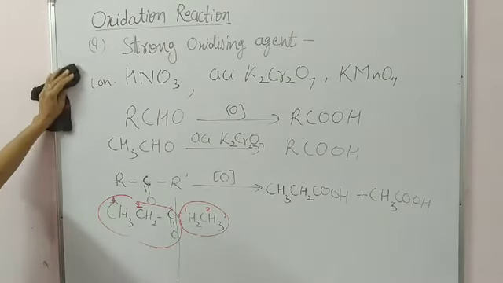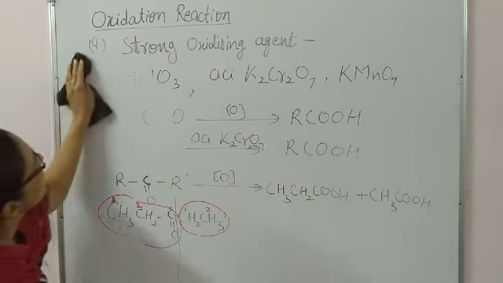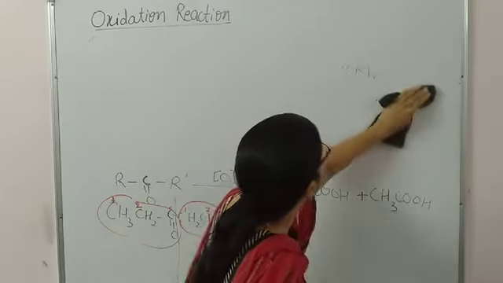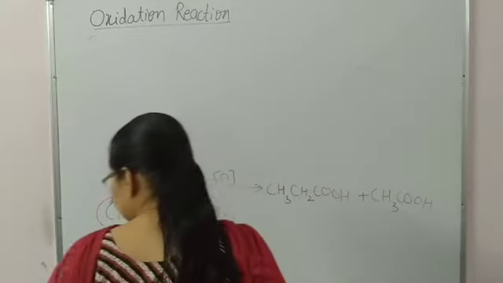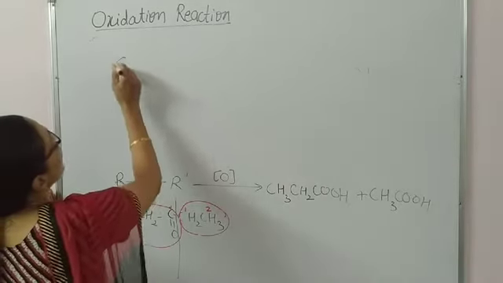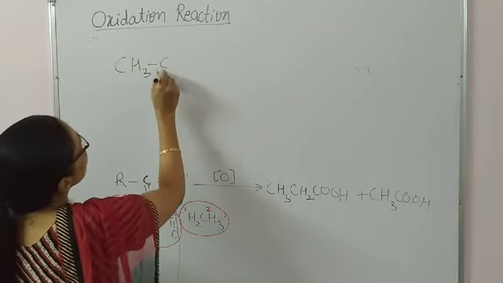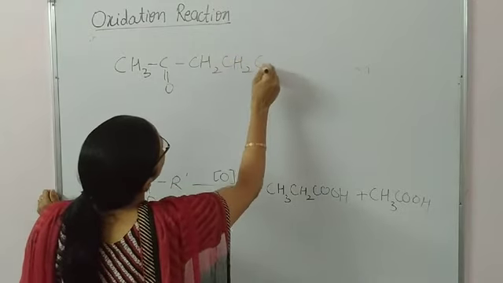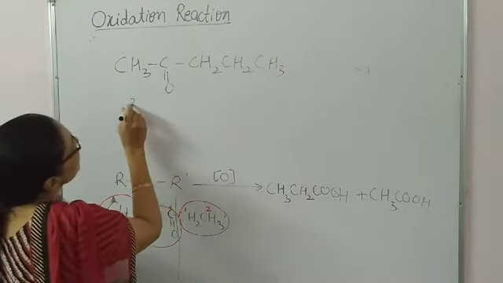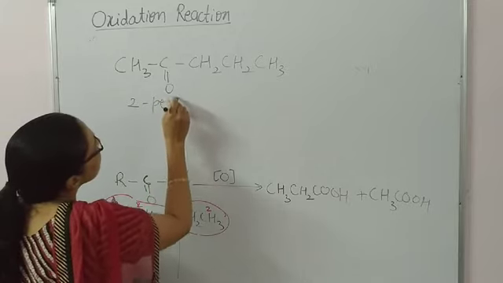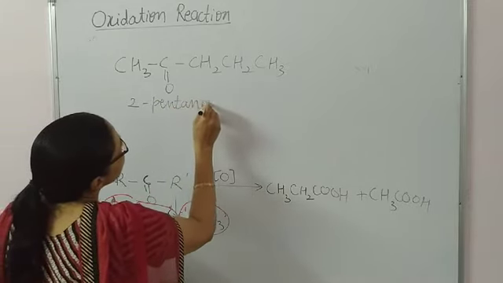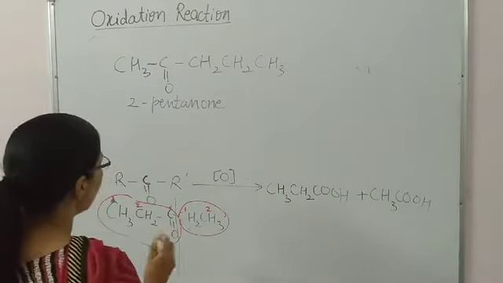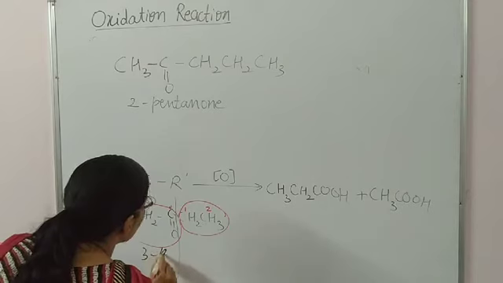Now I am taking one example of an asymmetrical ketone. There is a rule given by the scientist Popov that will apply. So here CH3COCH2CH2CH3. This is 2-pentanone. This one is 3-pentanone.